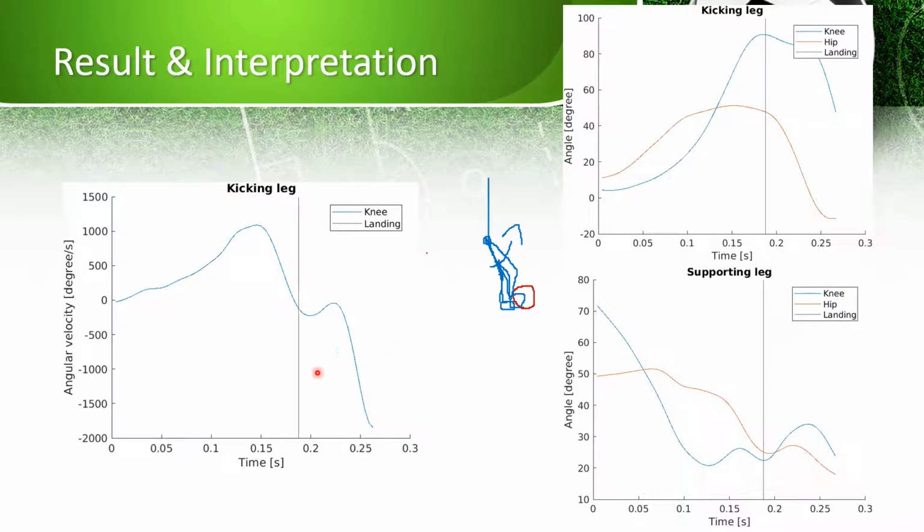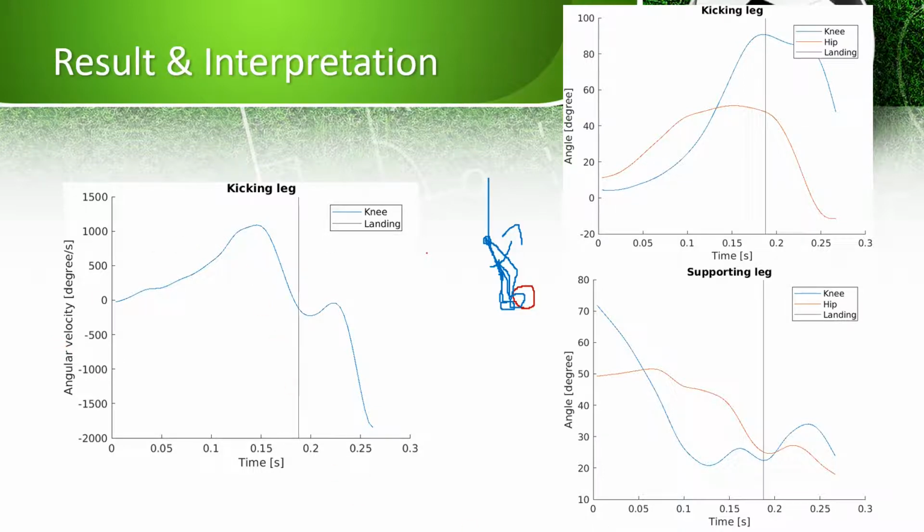And this phenomenon is clearly observable when you plot the knee angular velocity over time. So this is another plot for the kicking leg. X-axis is the same with time in seconds, and y-axis is now angular velocity in degrees per second. And any positive value means that the knee angular velocity is in flexion.